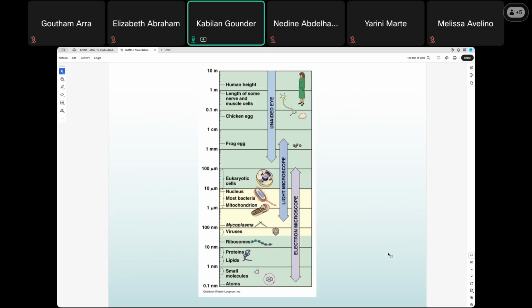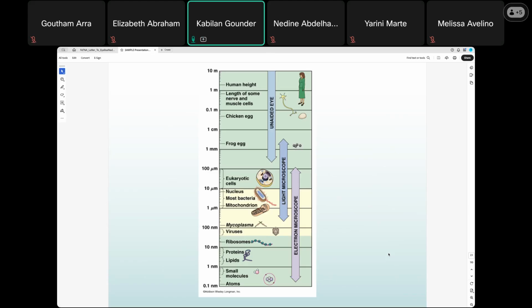So with that, we want to look at how a human can view objects, and how small an object he can see with his naked eye. And if you use light microscopy, how small a sample can you observe under the light microscope?